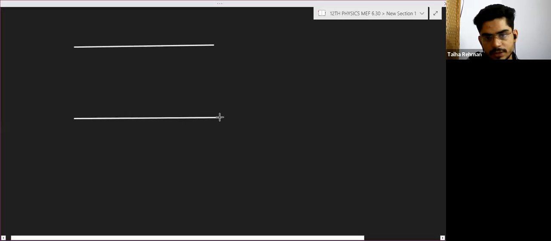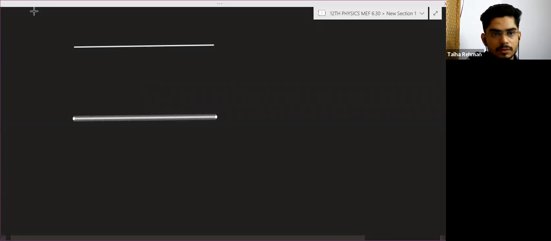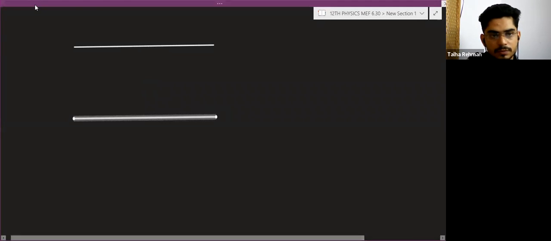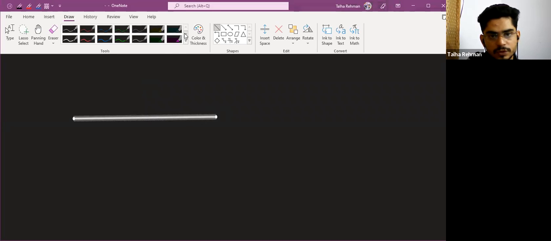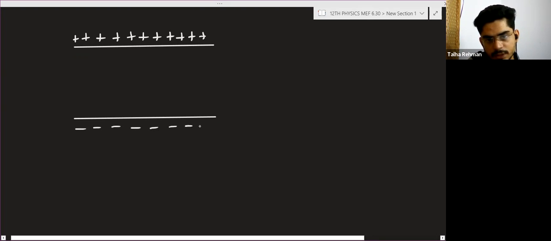These are two plates again, and this is positively charged plate. This is again a parallel plate capacitor. This is negative.